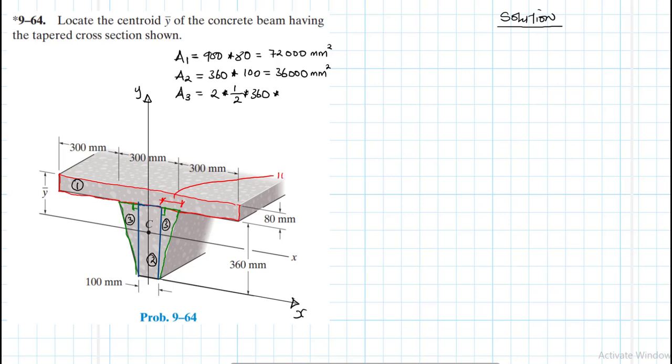So this is also 100 millimeters, and so is this one here. These are the same. So this is by 100. What do we get? We have 360 times 100 by 2 by half, which comes to 36,000 millimeter squared.